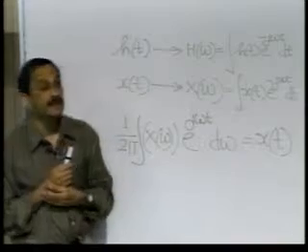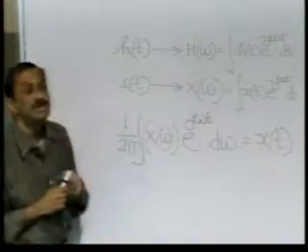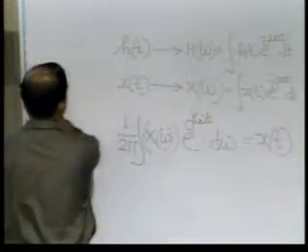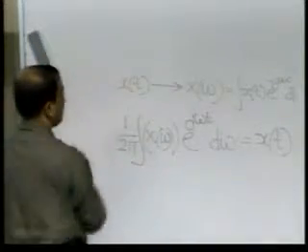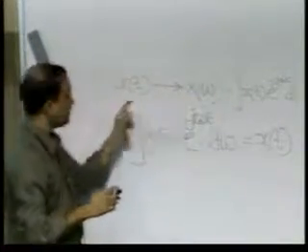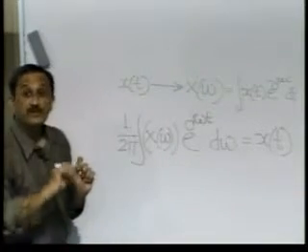It's a very, very powerful kind of symmetry. In fact, now we shall give these relationships a name. Right? We'll give them a name. This relationship, which takes you from x of t to X of omega, is called the Fourier transform.